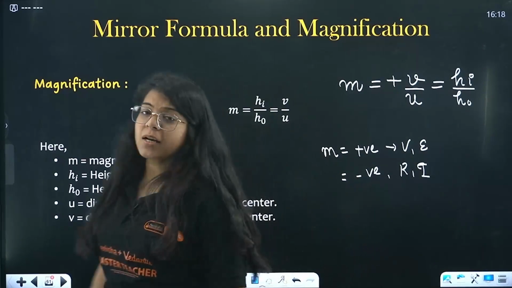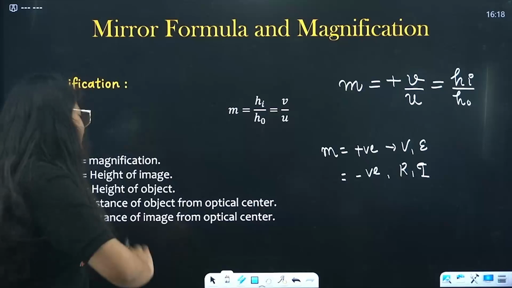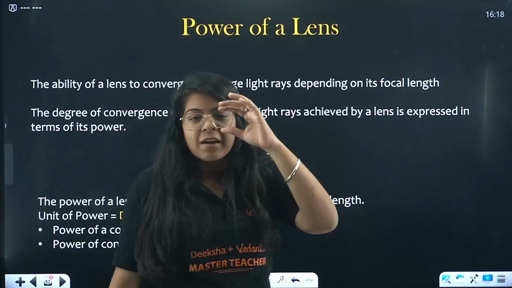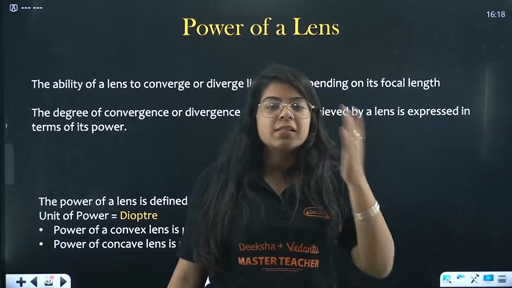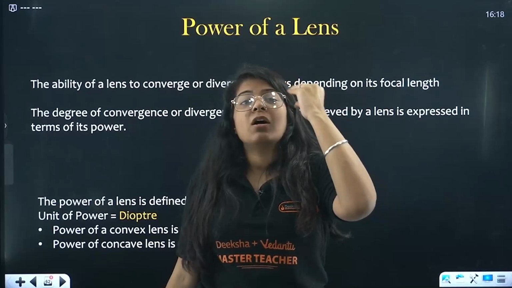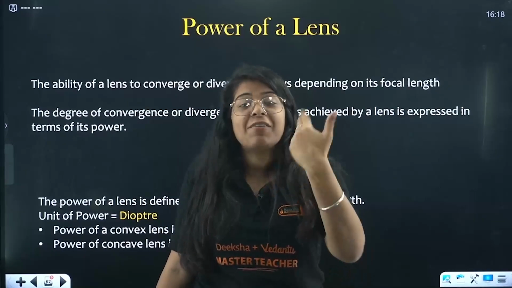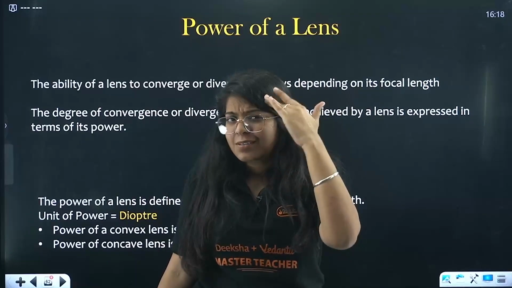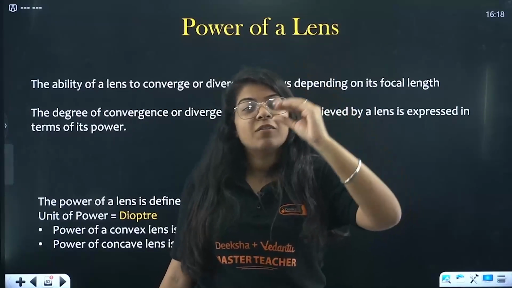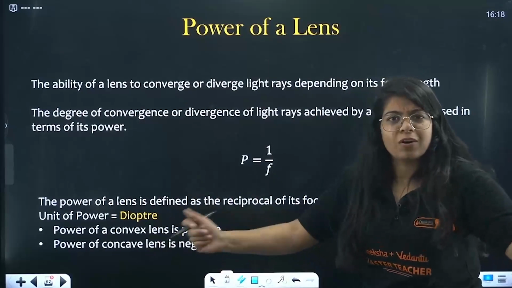Then one important thing that is left is the power of lens formula. This is very simple. Take this lens I am holding, the lens I am wearing. The ability of a lens to converge or diverge light rays is called the power of the lens, right?